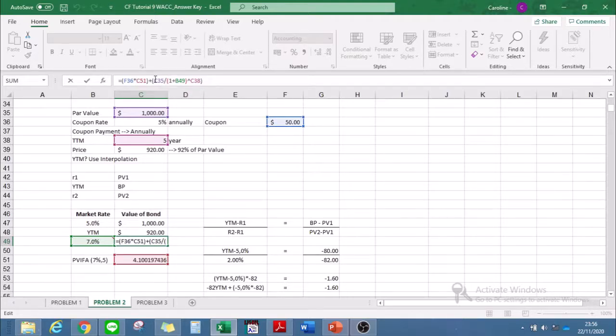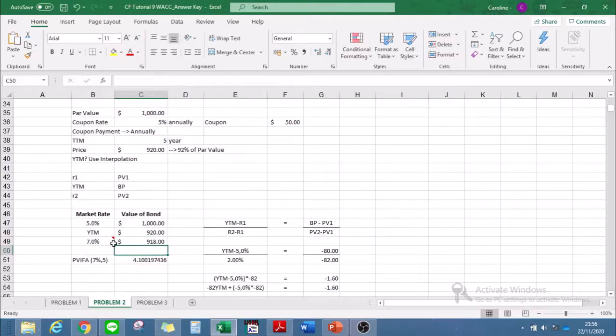Then you add the present value of the par value, which can be calculated by dividing the par value by (1 plus r) to the power of 5, where r is 7%. You find that the value of the bond, if the YTM is 7%, is 918, which is lower than the one we are interested to find.